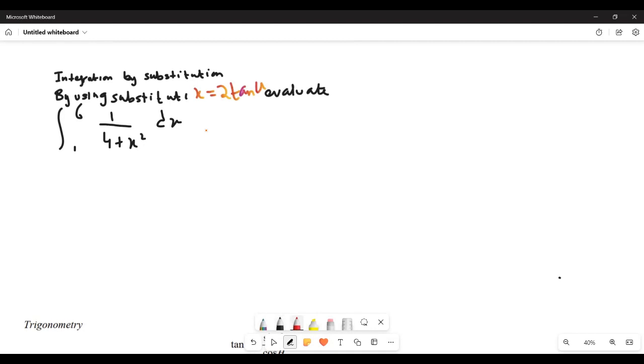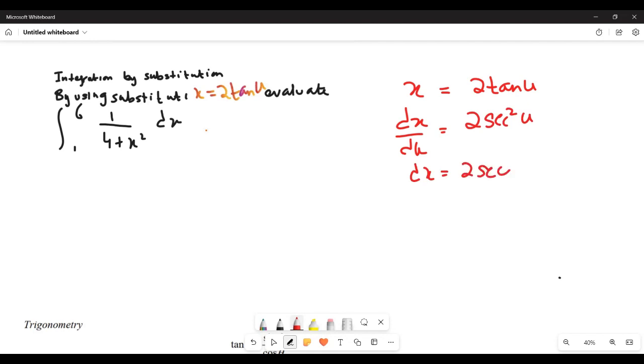Okay. So like always, we start with the given substitution. x equals 2 tan u. The variable on the right is u, so you have to differentiate this with respect to u. So we get 2 and derivative of tan u is secant square u, meaning that dx will be replaced with 2 secant square u du.